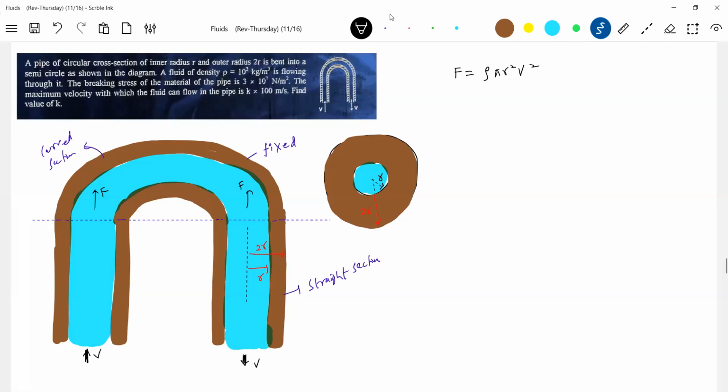There's a force F acting. Now this particular semicircular pipe will exert a force. So the stress is equal to F by the area, which is pi (2r) square minus pi r square. What is F equal to? Rho pi r square V square, divided by pi (2r) square minus pi r square. What can we eliminate? Rho V square by 3. This is the stress.